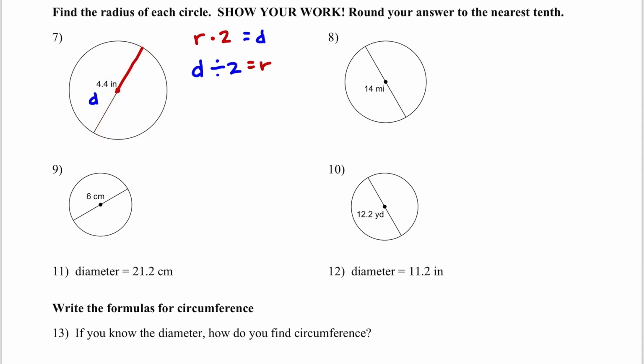So I will take that 4.4, that is the diameter. I will divide it by 2. Type that into your calculator or do it in your head. And 4.4 divided by 2 is equal to 2.2. So again, that means the radius, the r, is equal to 2.2 inches.